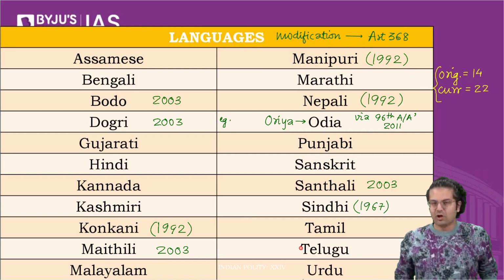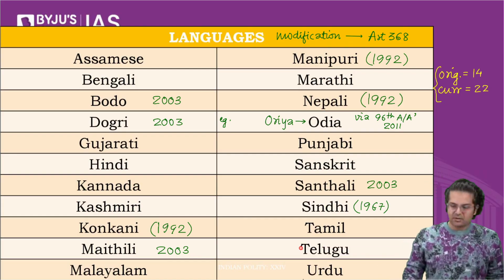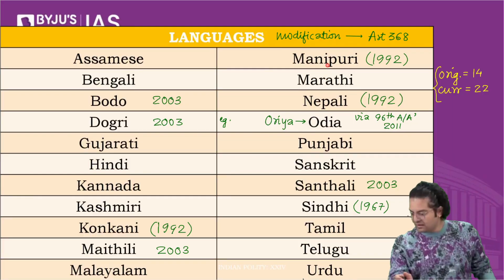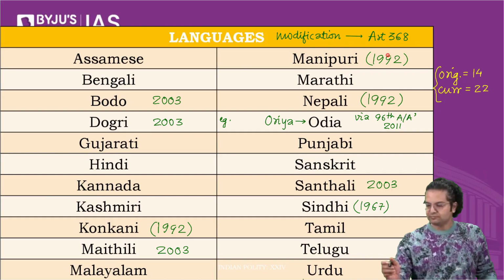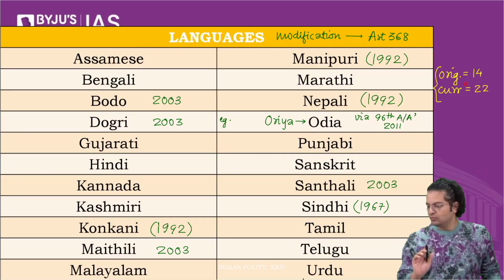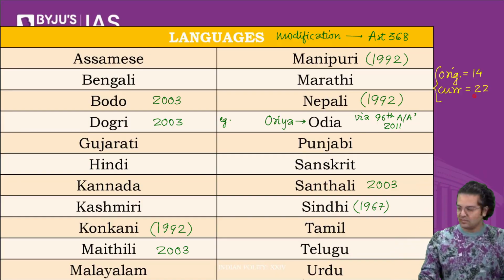Okay? No need to remember this list. Not required. Just remember that modifications can be done through Article 368 and originally 14, currently 22. Are we clear?